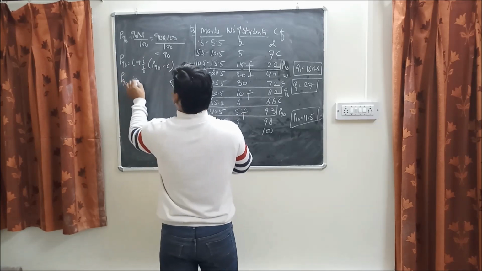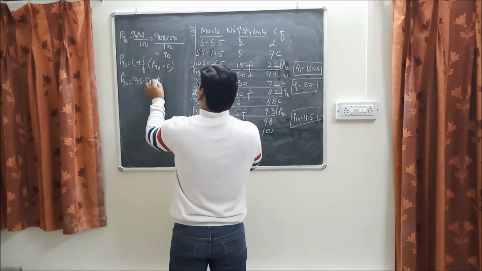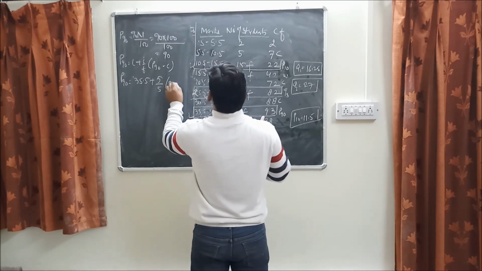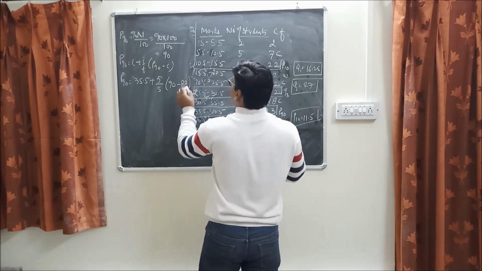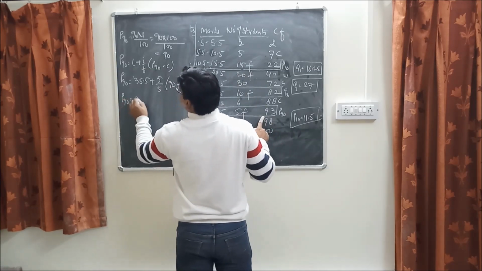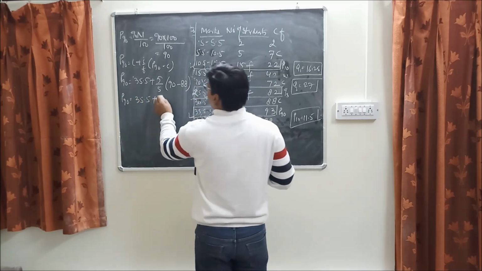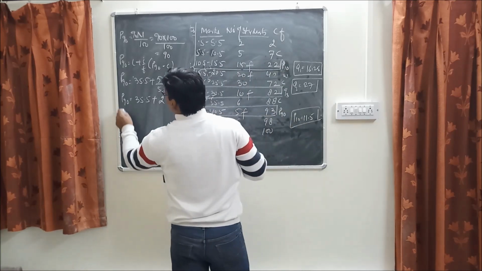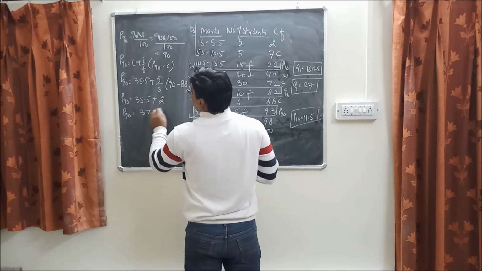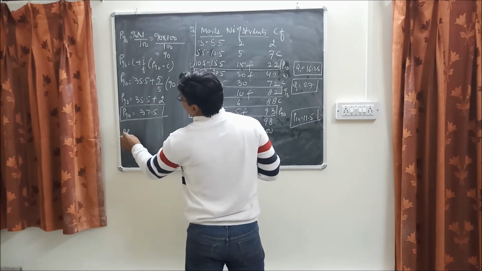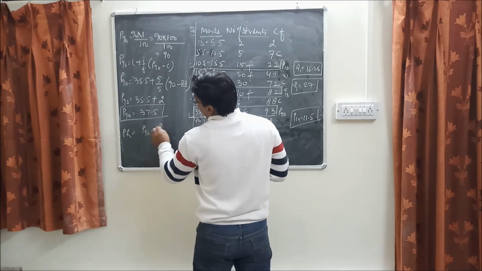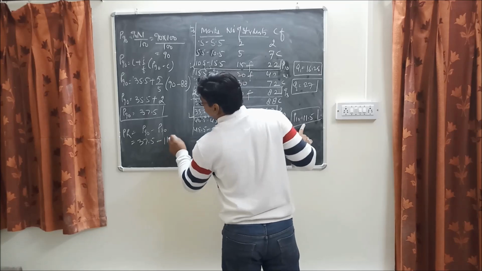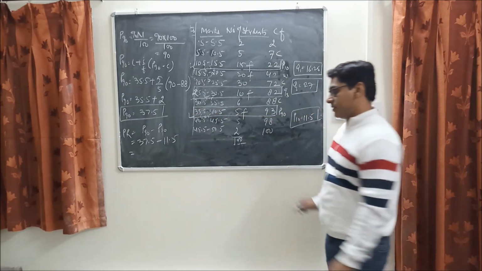P90, L is 35.5 plus I 5, F 5, P90 90 minus C 88. P90 equals 35.5 plus 2. 90 minus 88, 2 into 5, 10, 10 upon 5, 2. So P90 equals 37.5. And for the calculation of PR, we use P90 minus P10, therefore 37.5 minus 11.5, it is 26.